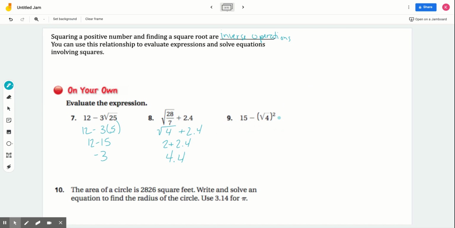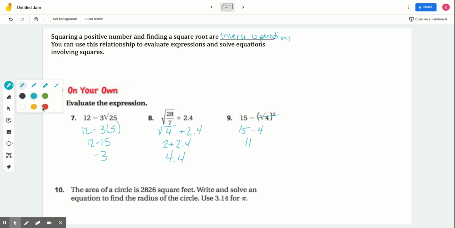Now with number 9, we read up here that the square and the square root are inverse operations. So when we have both on the same number, they cancel each other out. And we're left with the number inside the radical sign. So this 4 stays. So 15 minus 4 equals 11.